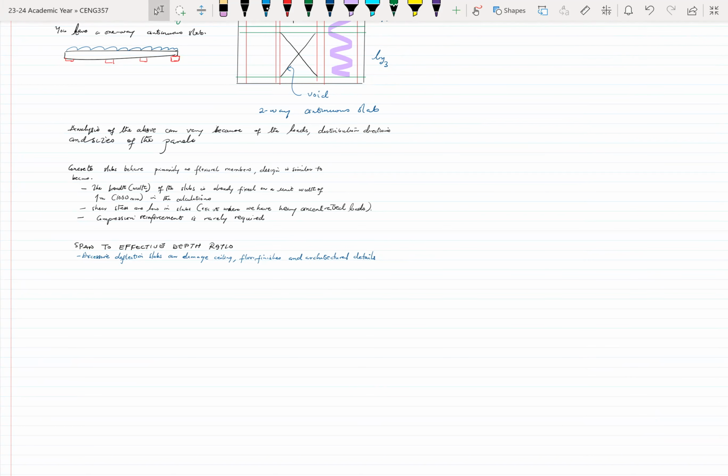So the idea of a limit to span to depth ratio is to ensure that you end up with a structure that will not deflect excessively, which will lead to damage to some of these key components of the structure.